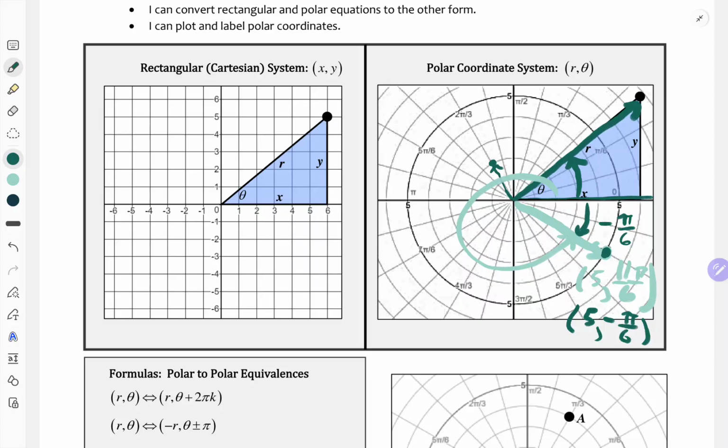That's the only name for it. In polar, that's not the case. In polar, you're going to have all kinds of different names for the exact same point. So when we get to graphing polar equations, you'll see graphs can overlap and cross each other, just because the names for certain places in this plane are not unique.